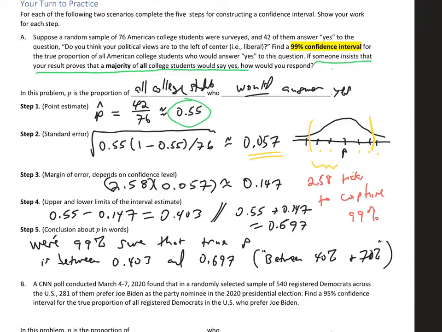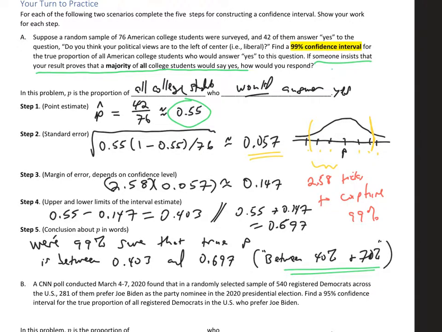The majority of the students we asked said yes, but when we estimate the range of values, starting with the data that we have, all we can say is between 40% and 70% would say yes. And so we certainly are not 99% sure that the true proportion P is greater than 50%. Far from it. It could very easily be less than 50%.